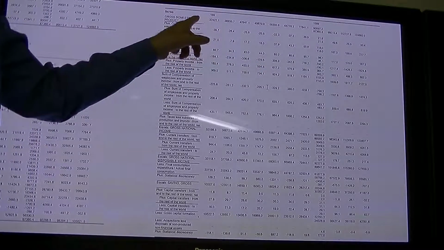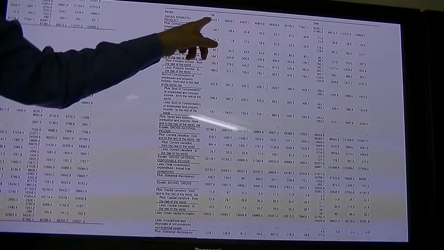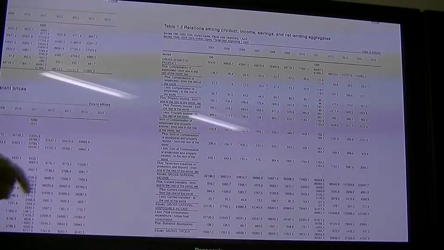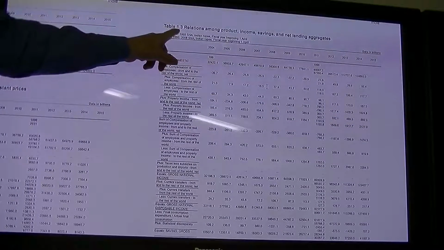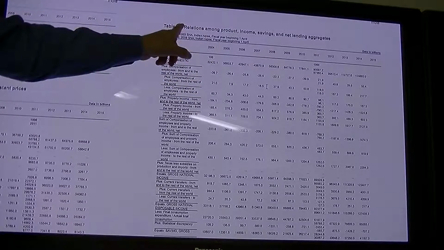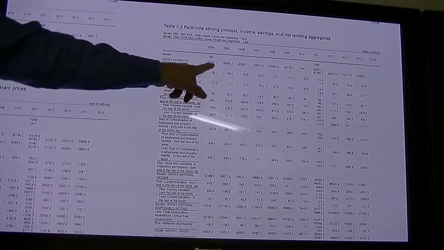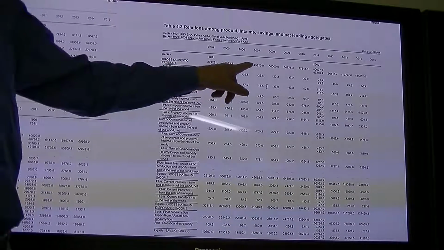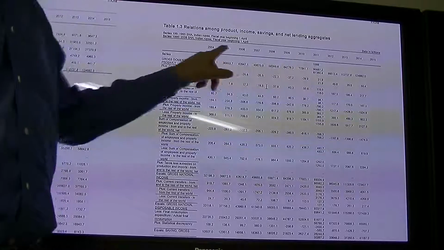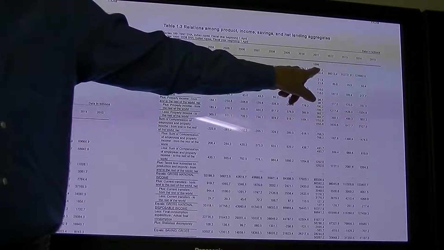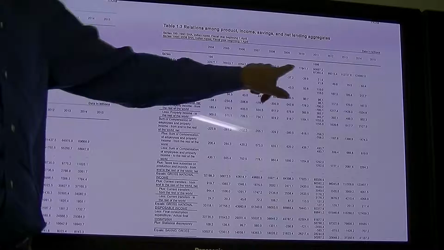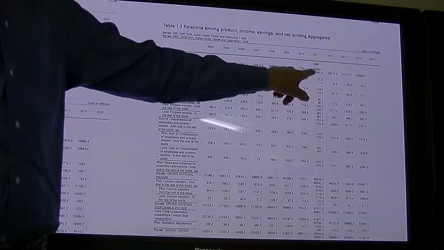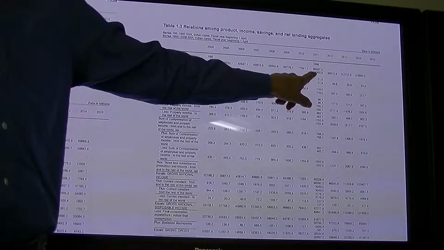Let's say we have gross domestic product, and this is from table 1.1. It's table 1.3, but it's the same figure as table 1.1. You'll notice here's a time series, and then it changes from the 100 to the 1000 series. That was the figure under the 100 series, and below is the figure under the 1000 series.